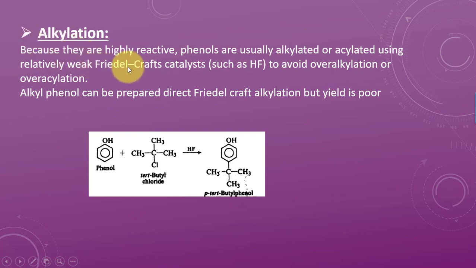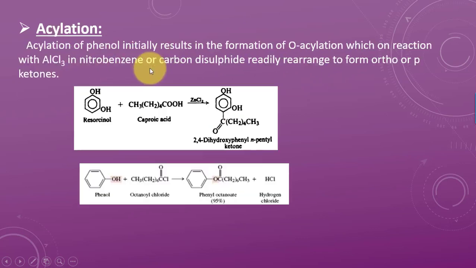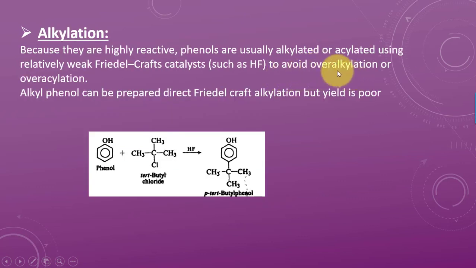Alkylation. Because they are highly reactive, phenols are usually alkylated or acylated using relatively weak Friedel-Crafts catalysts to avoid over-alkylation or over-acylation. Phenol is quite reactive, and its ortho and para hydrogens get readily replaced with the alkyl group.